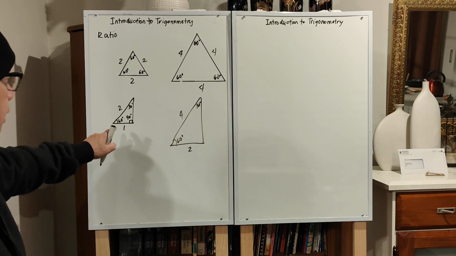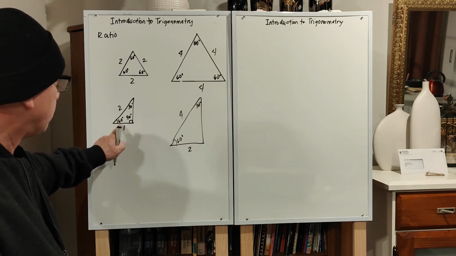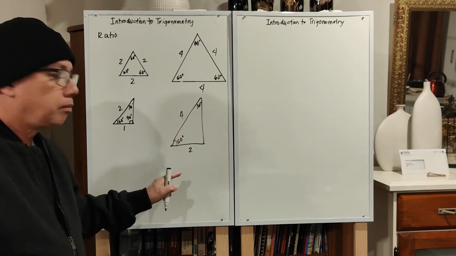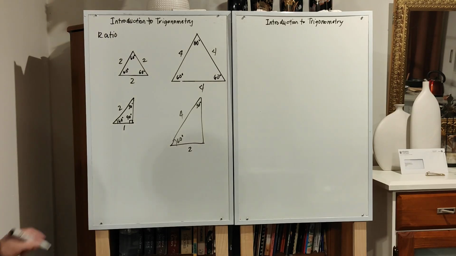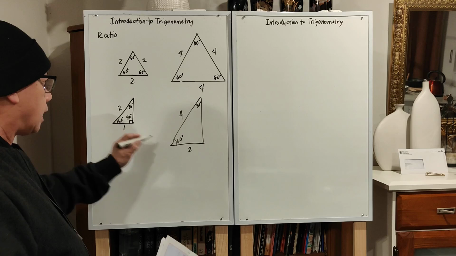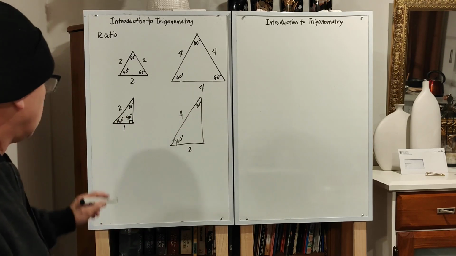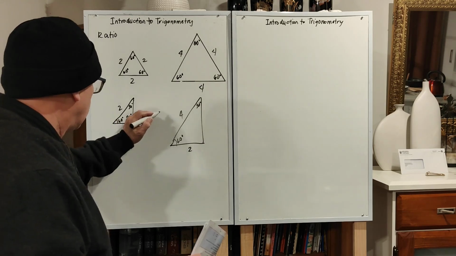Now the ratio of the triangles is the same, even if it becomes bigger. The internal angle is the same, 60 degrees. This is 30 degrees. Now let's try to find the side in here.